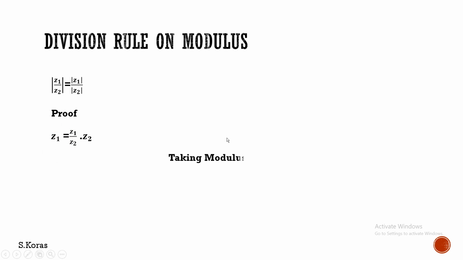Taking modulus on both sides, you will get modulus of Z1 equal to modulus of Z1 by Z2 into Z2. Now you know a formula, that is modulus of Z1 into Z2 is equal to modulus of Z1 into modulus of Z2. Z1 by Z2 is a single complex number, and Z2 is another complex number.